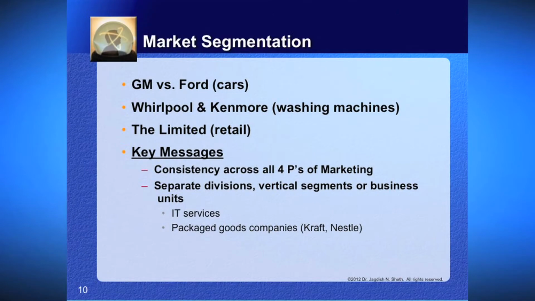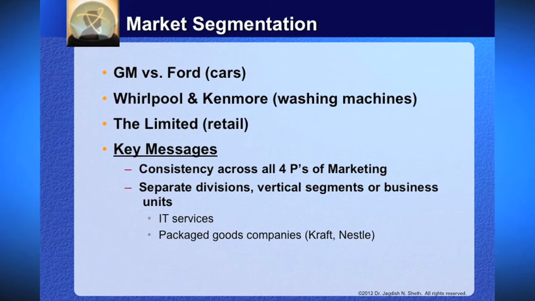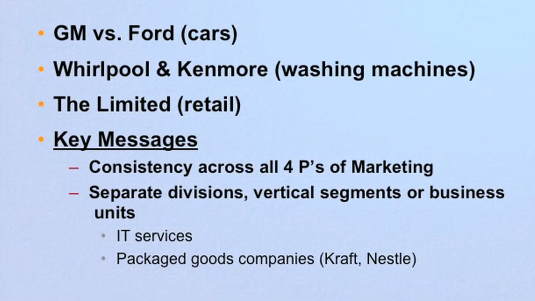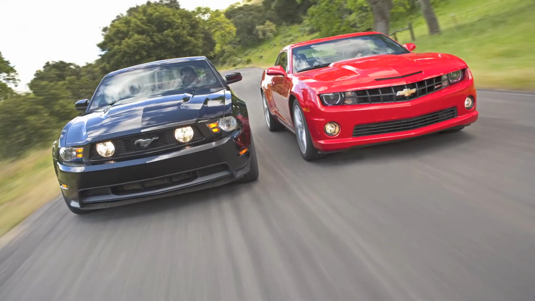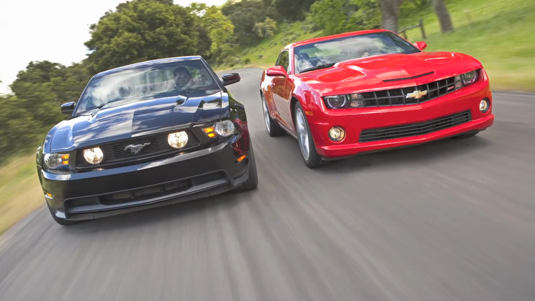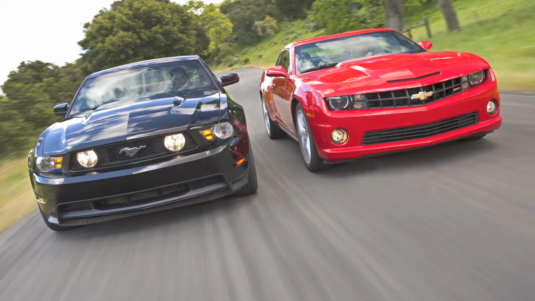The fifth and a very big use of branding for differential advantage has been segmenting the market by the use of brands and positioning them in a different way. The classic case is General Motors versus Henry Ford. As we talked about, Henry Ford had this famous saying, customers can have all the choice of colors so long as it is black.